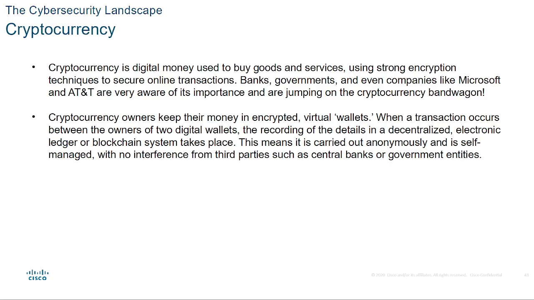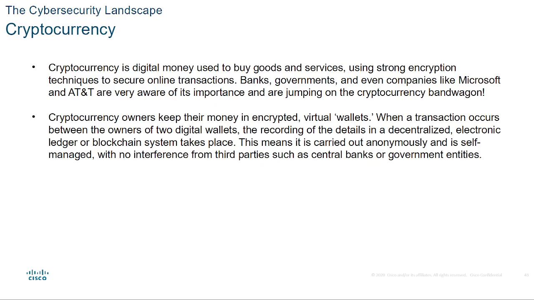Let's look at cryptocurrencies. Cryptocurrency is digital money used to buy goods and make online transactions, using strong encryption techniques. Banks, governments, and even companies like AT&T are very aware of it and jumping on the currency bandwagon. Cryptocurrency owners keep their money in a virtual wallet.